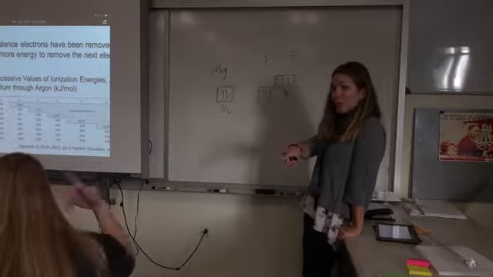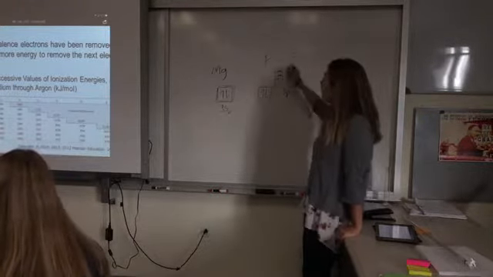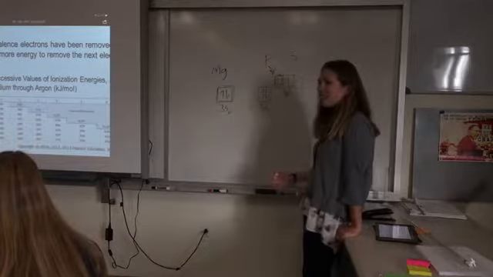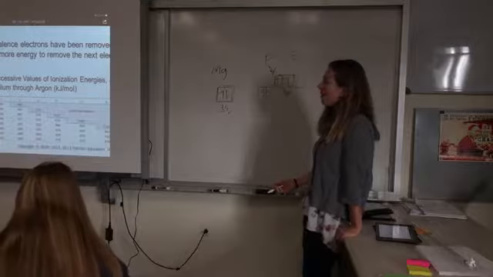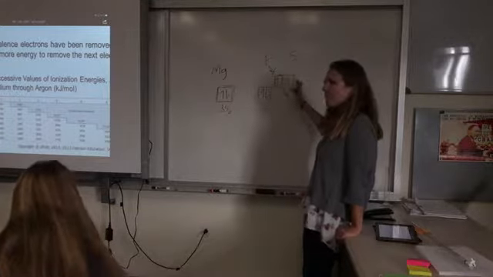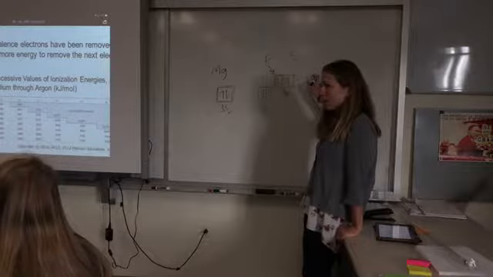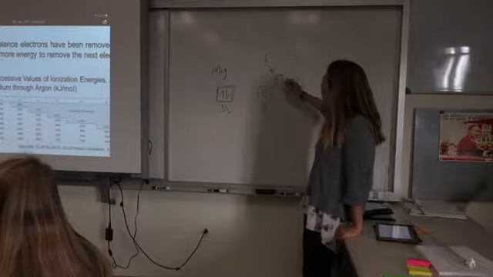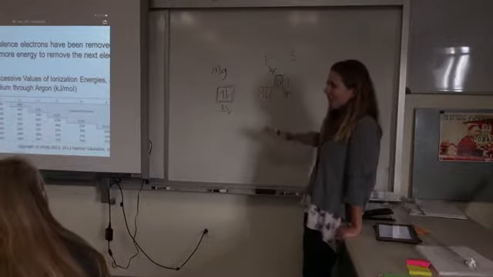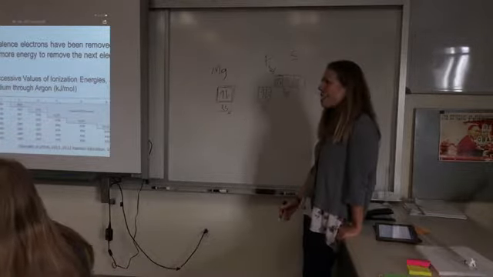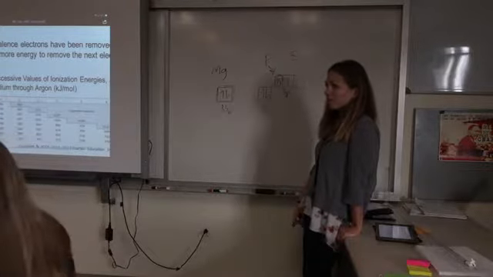Remember Hund's rule? Maximize spin. They're all spinning up, right? So phosphorus actually has a somewhat stable arrangement going on its own, where it's like, this is pretty good, I'm not really that excited to give one up. Whereas sulfur is like, yeah, take the down one. Let's just get rid of that. I mean, really, I want to gain, but take the down one. It's not the end of the world, okay?